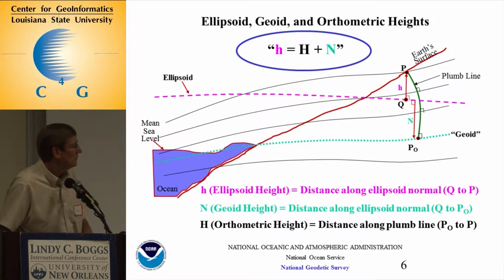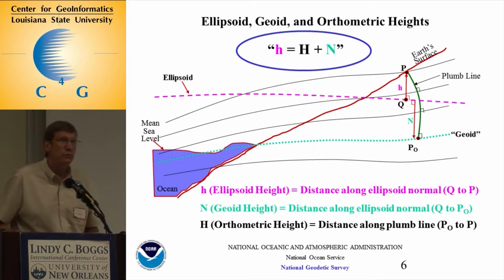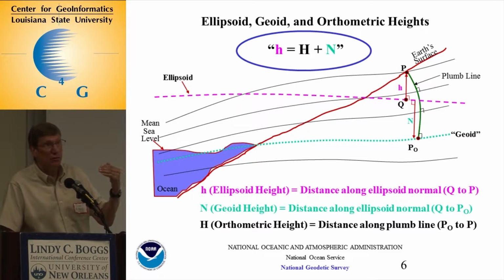Capital H up there, orthometric height, the difference along the plumb line shows, so it would be the addition of M and little a. Isn't your formula up there wrong? No, it's correct, because if you have a negative geoid height or ellipsoid, you have to apply it.